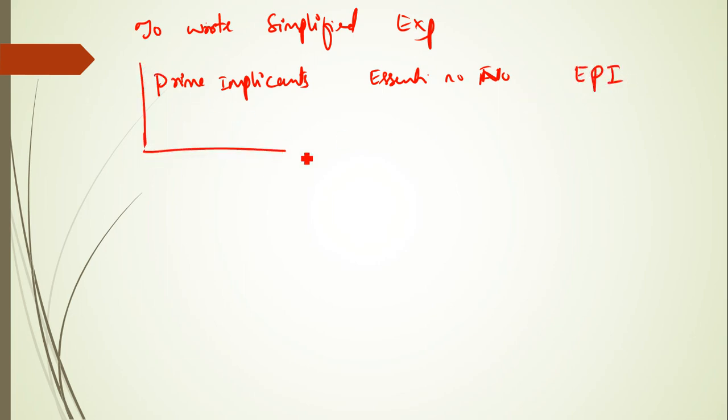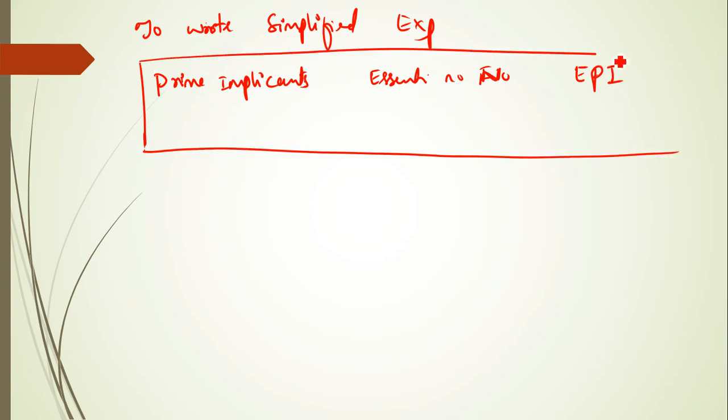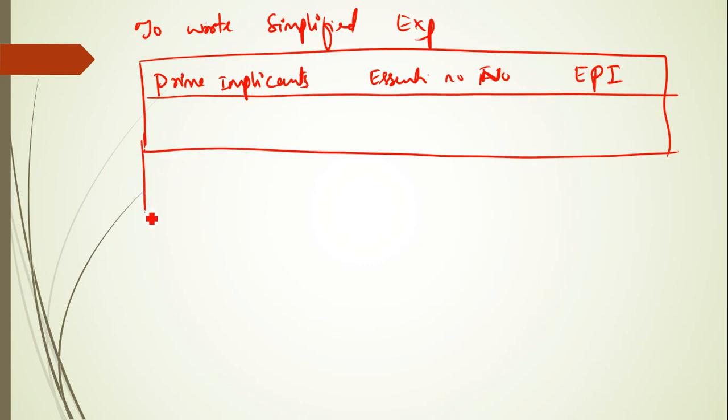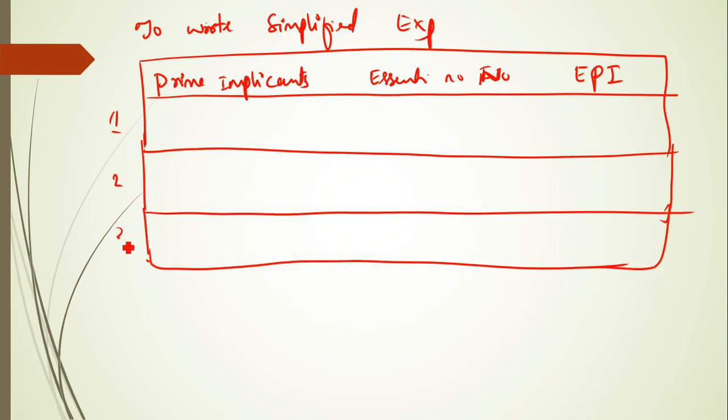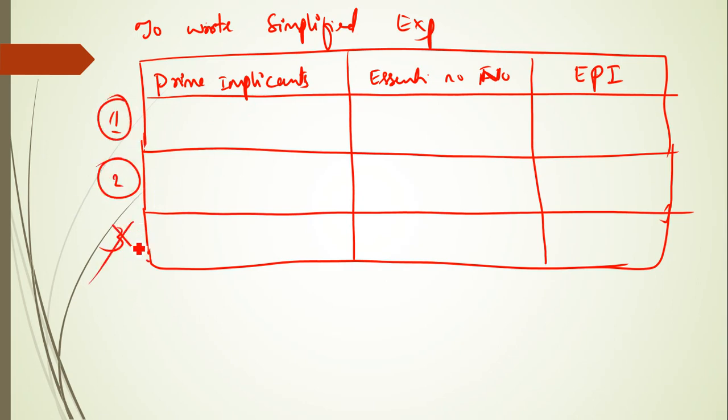Put this as a table. What are the prime implicants? Prime implicants means you have done two groupings, right? So consider these two. We have done only two groupings, so consider only two rows.